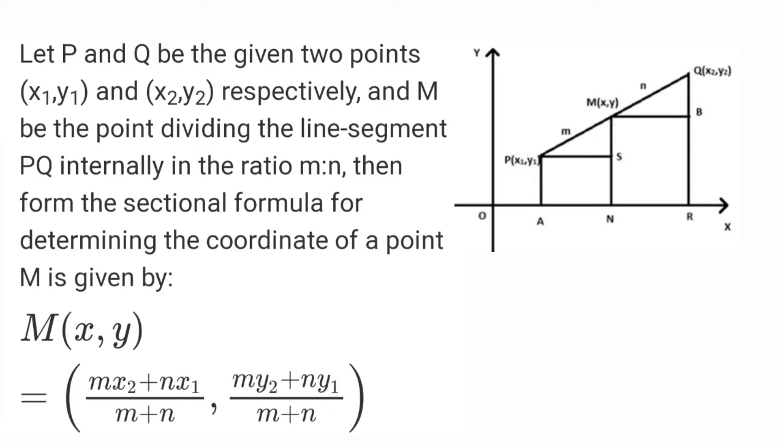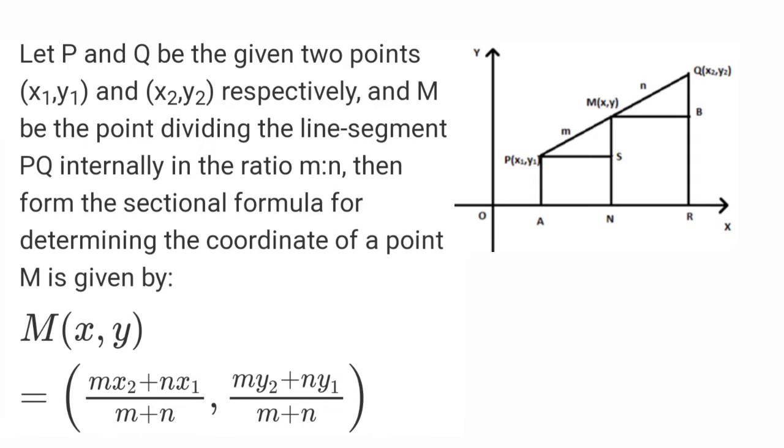Okay students, so is it clear how we can learn this formula? The line segment PQ is divided by some other point M, having coordinate (x, y). So what will be the coordinate of M which divides line segment PQ? We can express the formula as M(x, y) = (mx2 plus nx1) divided by (m plus n), and (my2 plus ny1) divided by (m plus n).